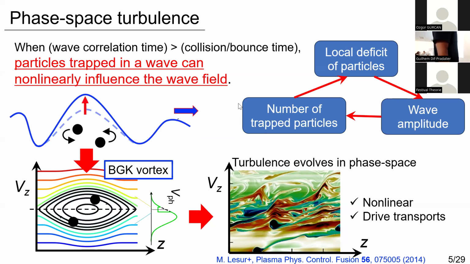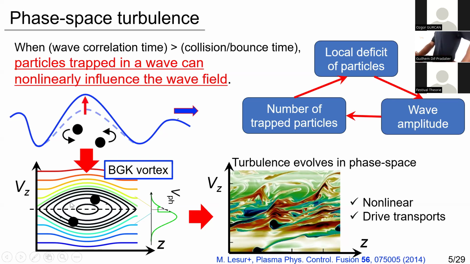Then the enhanced wave can affect the number of particles that are trapped. Then the local deficit of particles can be enhanced further. This kind of self-regulation of the wave and the particle, which is nonlinear, can be considered as a source of phase-space turbulence.